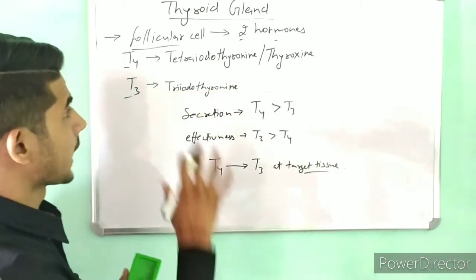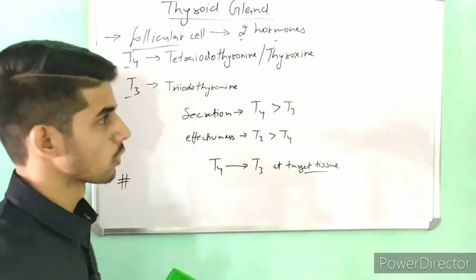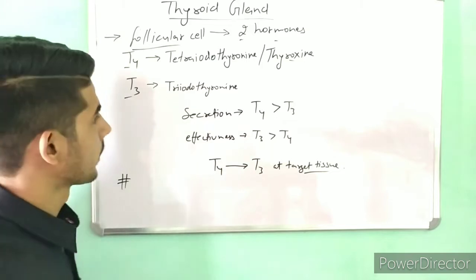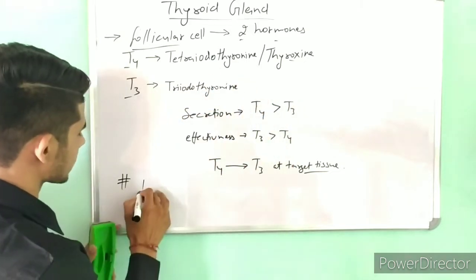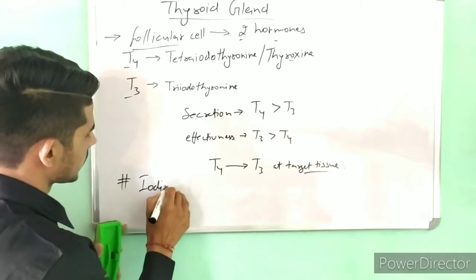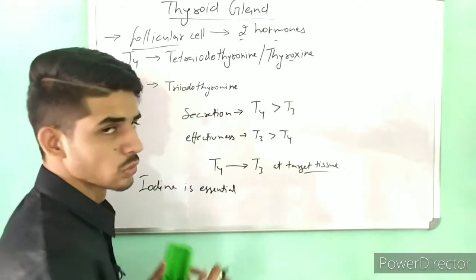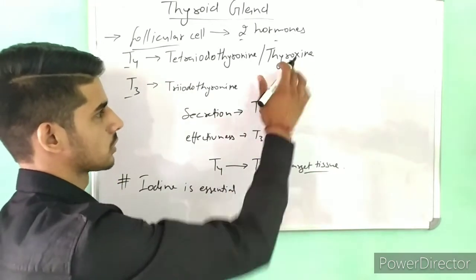The thyroid gland is the only gland which stores its hormone thyroxine in its follicles. And to secrete these hormones, iodine is essential. Iodine is essential to regulate the normal rate of synthesis of the thyroxine hormone.